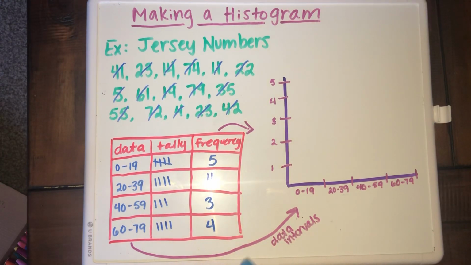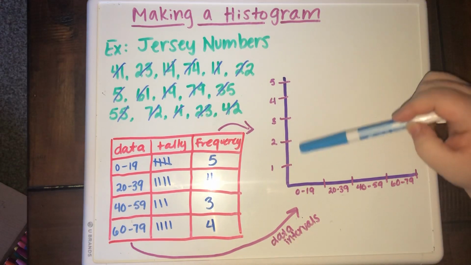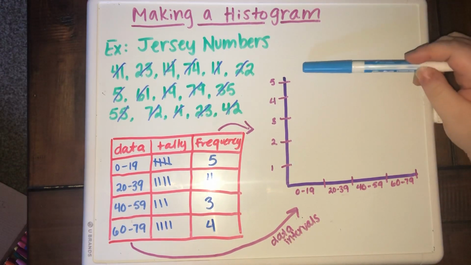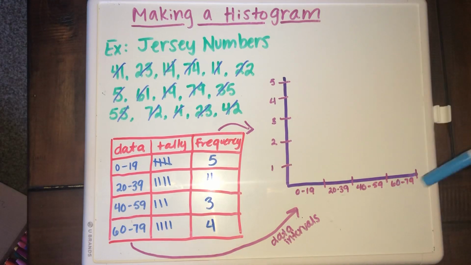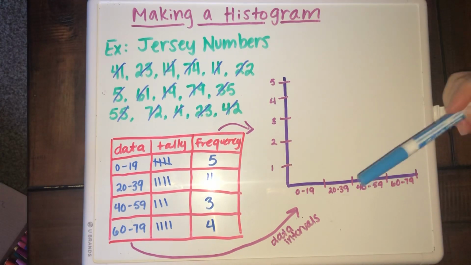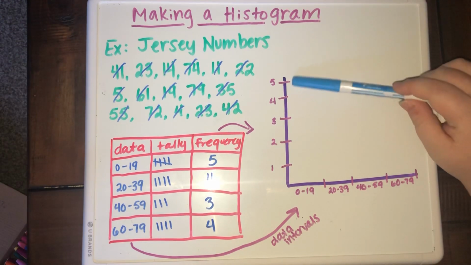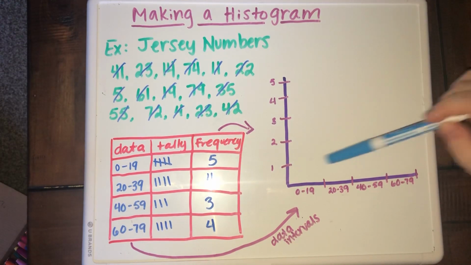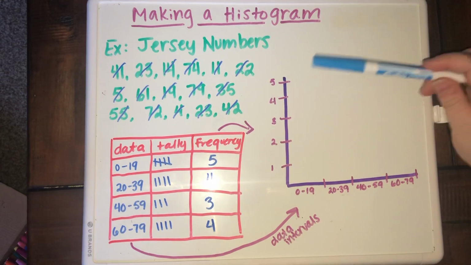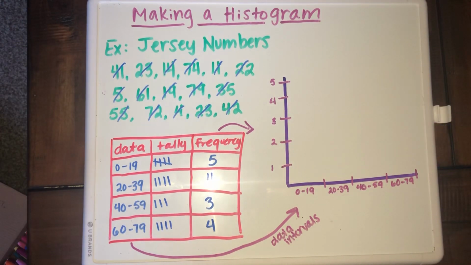So over here, I've got my histogram already kind of drawn, but I do want to explain where I got these numbers from and help you start from there. When you're making a histogram, you're going to have your X and Y axis drawn just like you would for any other graph.